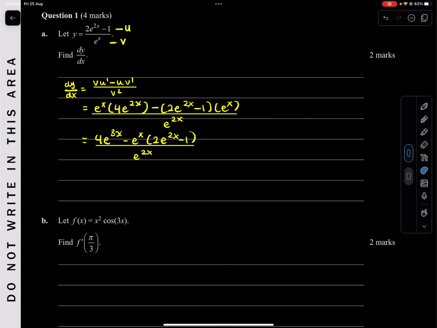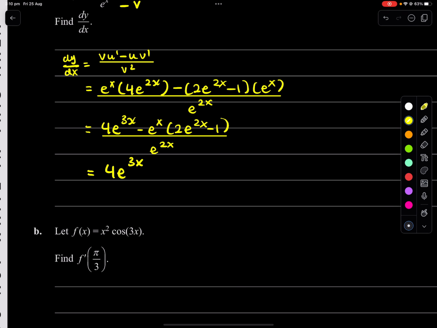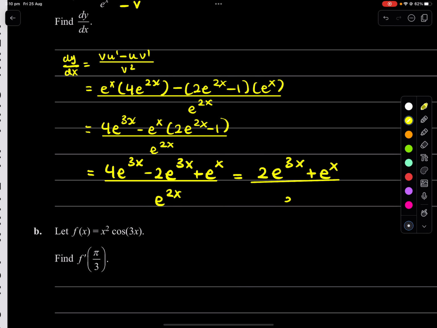So we can say that it is 4e^3x minus 2e^3x plus e^x all over e^2x. This simplifies to 2e^3x plus e^x all over e^2x.